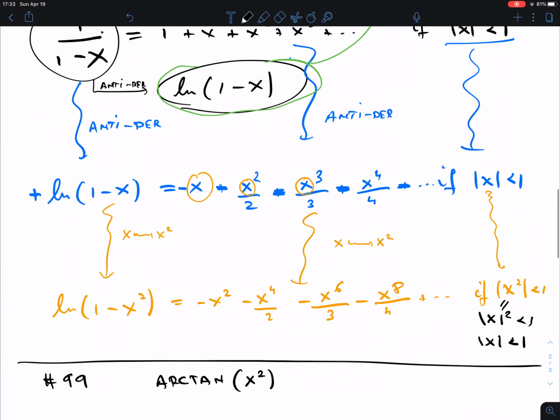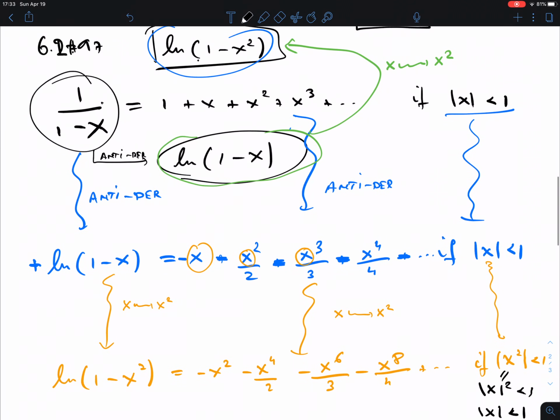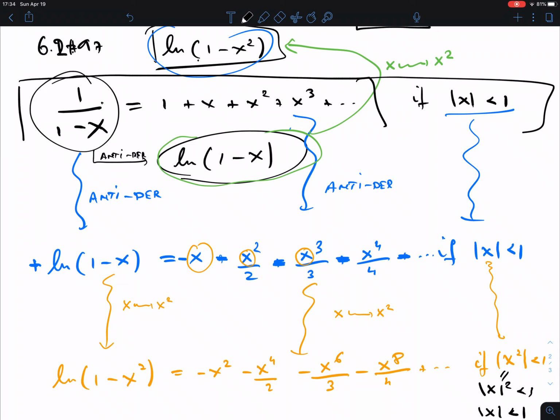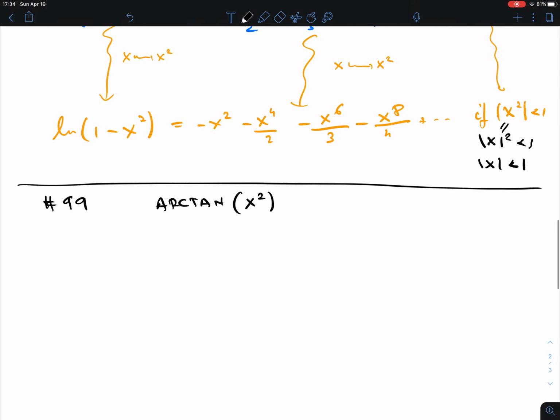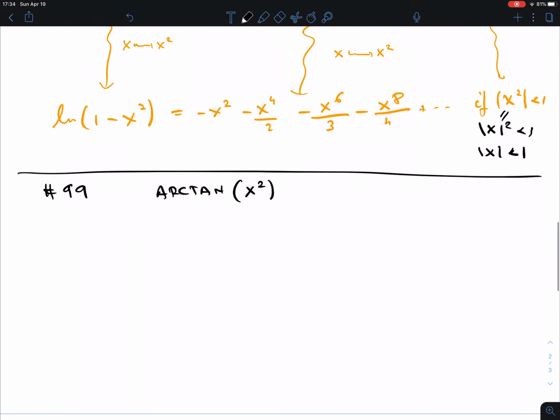How on earth do we get, remember, in this particular topic, in 6.2, we always start from this guy. It's always from there that we start. How are we going to get from there to there? Okay, I need to show you the steps in between.